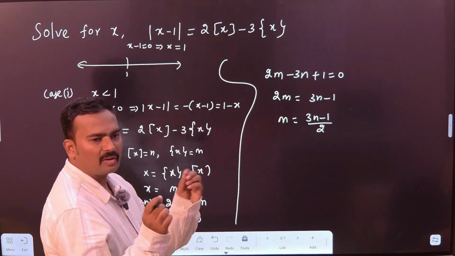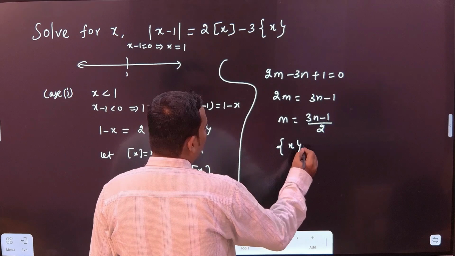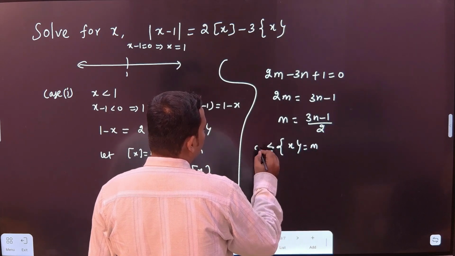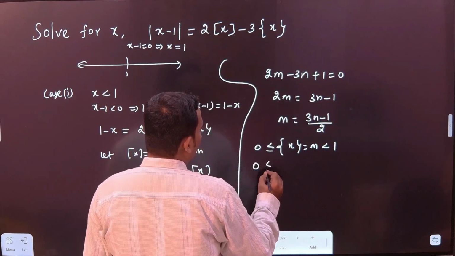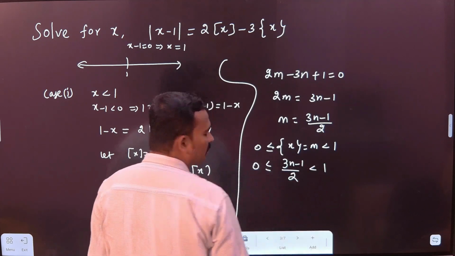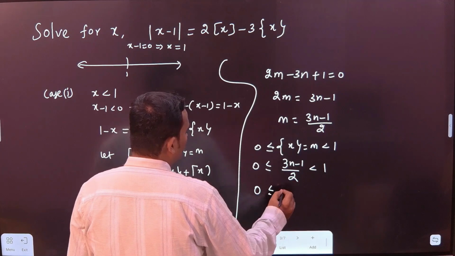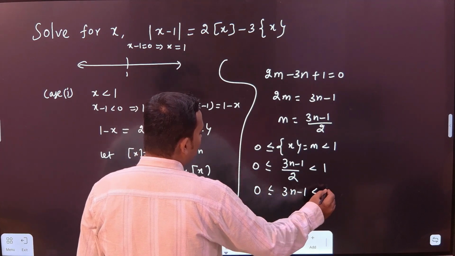Okay. But you know the range of m. Fractional part here is m. The range is what? 0 to 1. Just replace here: 0 less than (3n minus 1) by 2 less than 1. Now you can multiply by 2. What will we get? 0 less than 3n minus 1 less than 2.